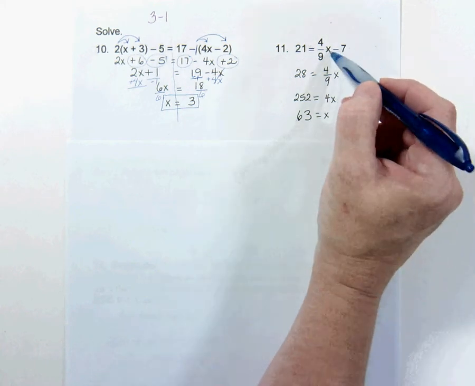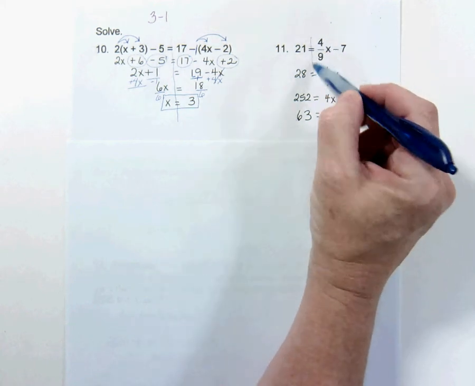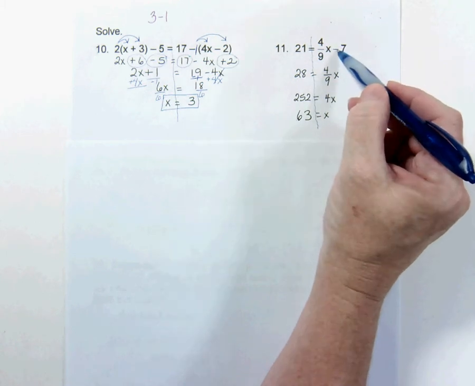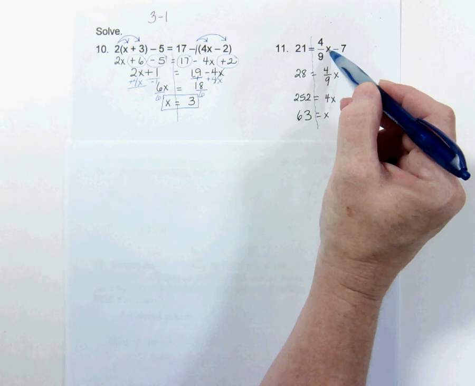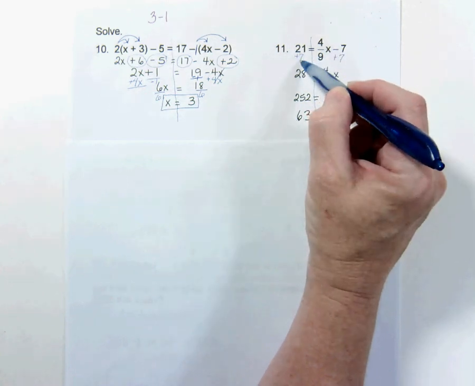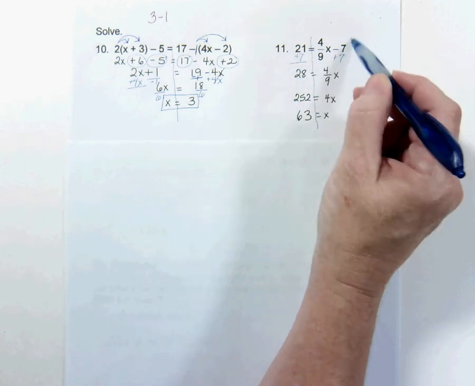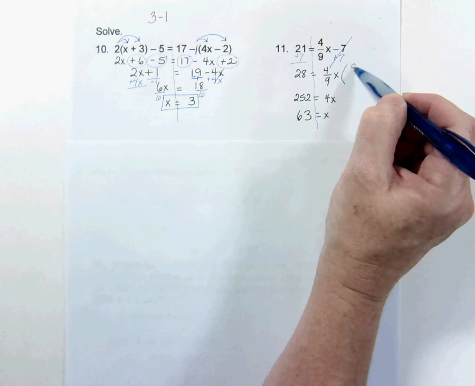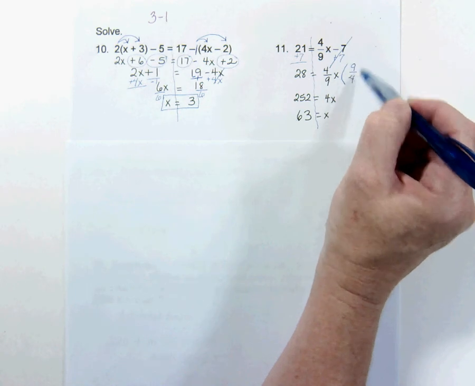This one, you want to isolate the x. Draw your imaginary line in your equals, but you do want to make sure that this is moved away from your x first. So we're adding 7 to both sides. After the addition of 7, that goes away. Then we can take this and multiply by its reciprocal.